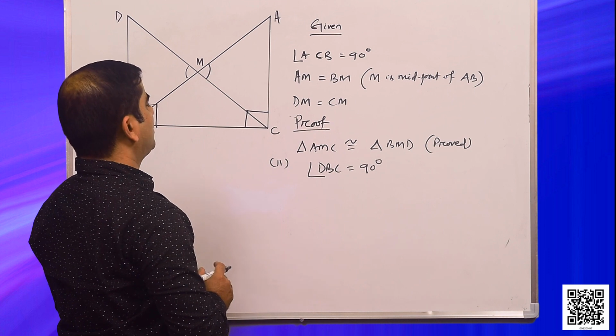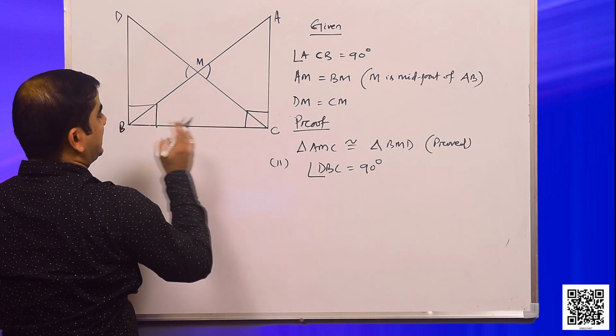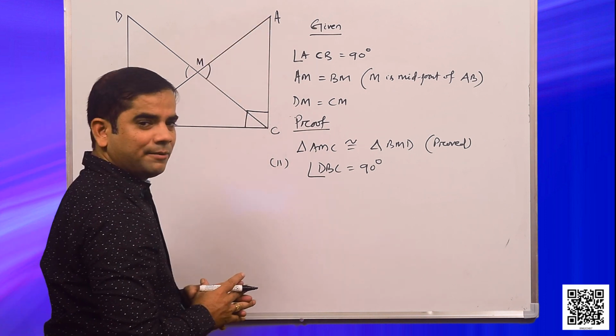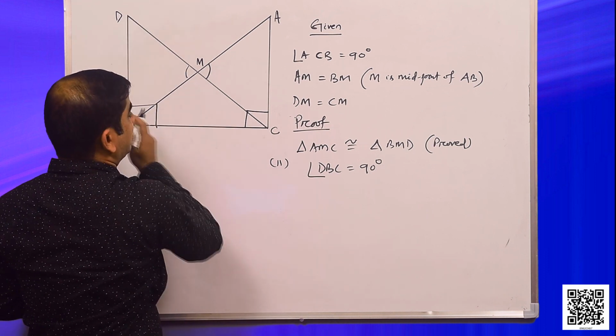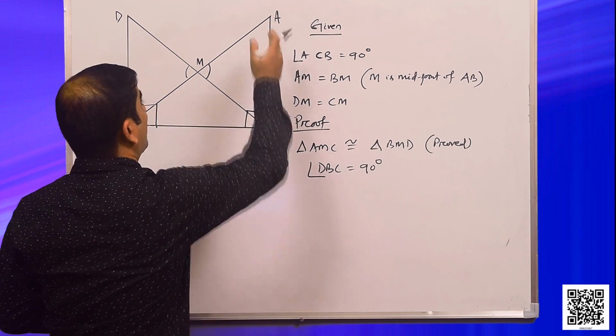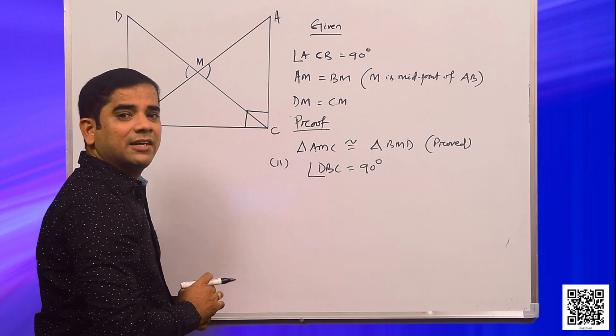How can we prove it? If we can prove that triangle DBC and triangle ABC are congruent, then we can prove that angle DBC is a right angle, because it will be the corresponding angle to angle ACB, which is already given to be a right angle.